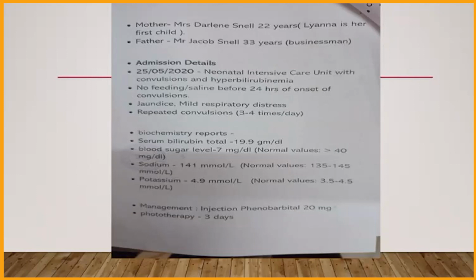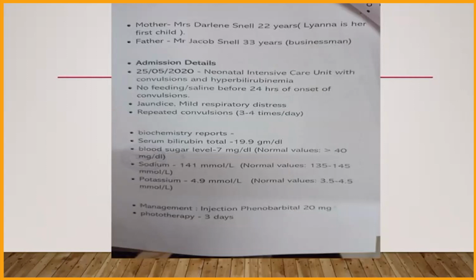And she has not been breastfed for the past 24 hours since the onset of convulsions. And she has infant jaundice along with mild respiratory distress. Repeated convulsions. That is why it's plural here: 3 to 4 times a day, which means she has had 3 to 4 episodes of convulsions.